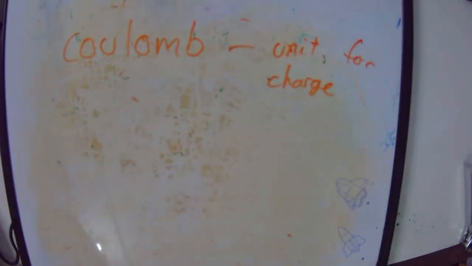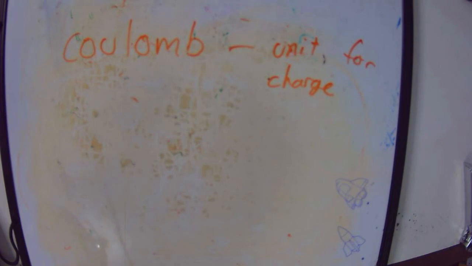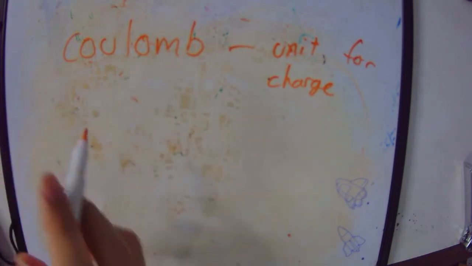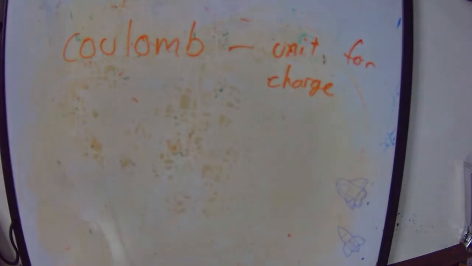Charge, as we already established, is usually determined by the electrons. How many electrons did it gain or lose? But the coulomb is not counting exactly. It's not that 1 coulomb equals 1 electron.